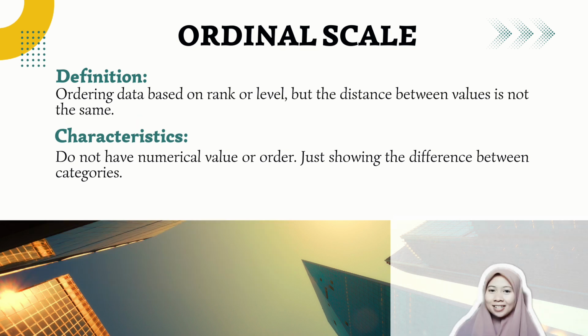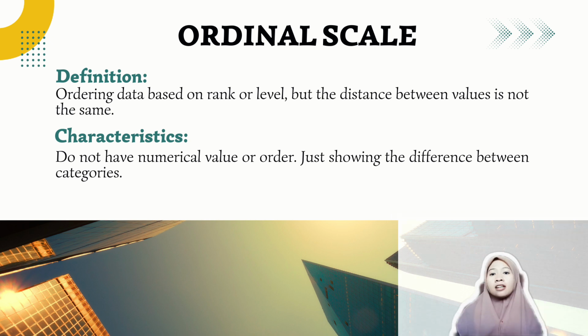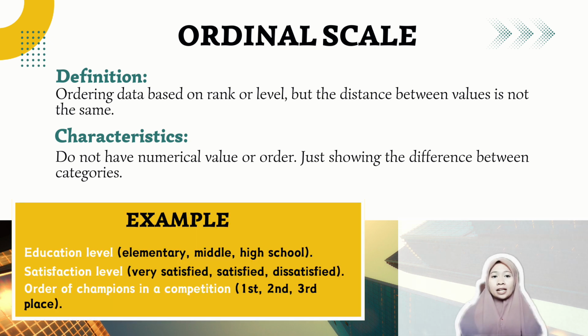Next, ordinal scale. With an ordinal scale, we begin to introduce an order or ranking, but the distance between the ranks is unknown or unequal. For example, if we were using an ordinal scale to assess customer satisfaction, we might have options such as very satisfied, satisfied, and dissatisfied.